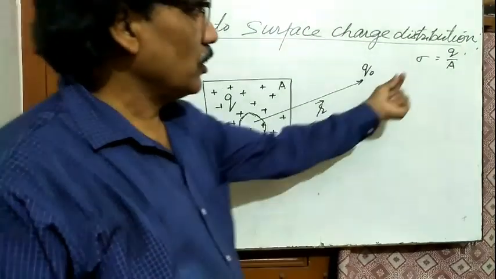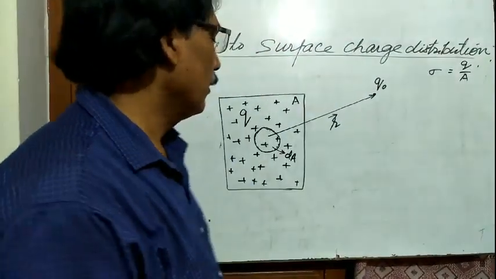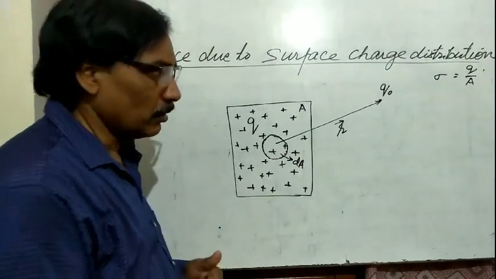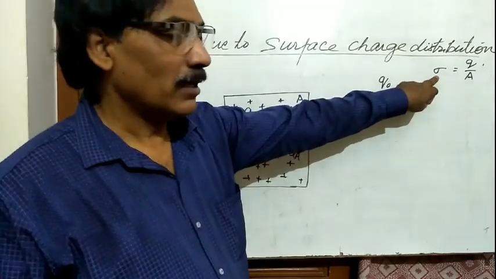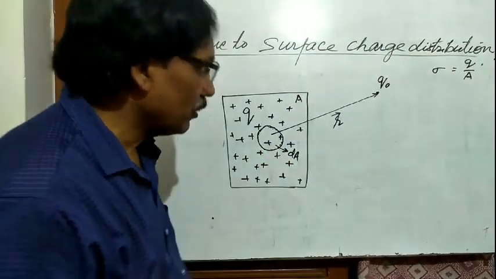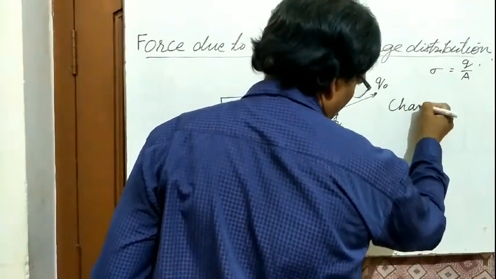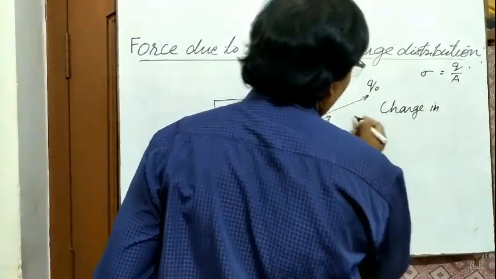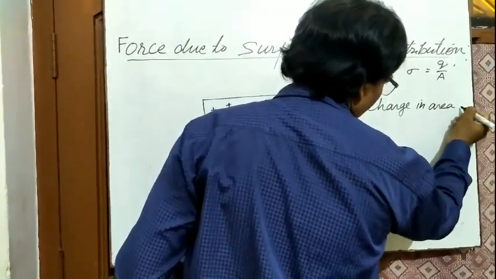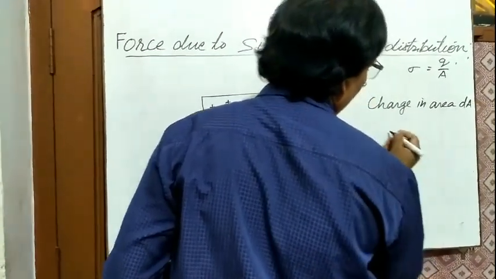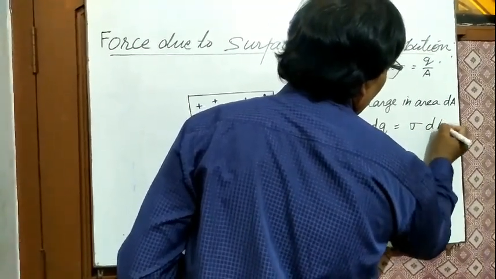How much charge is in unit area? Sigma. So when unit area contains charge sigma, then the charge in area dA, of course a very small charge, is dQ equal to sigma into dA.